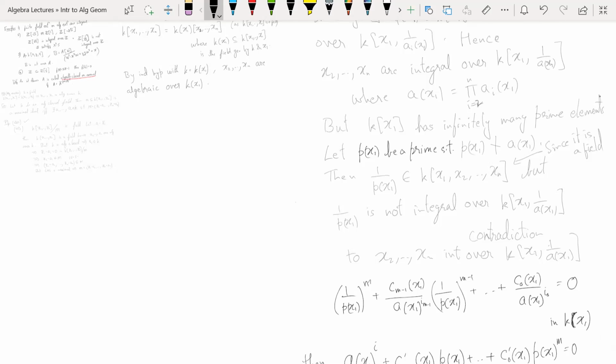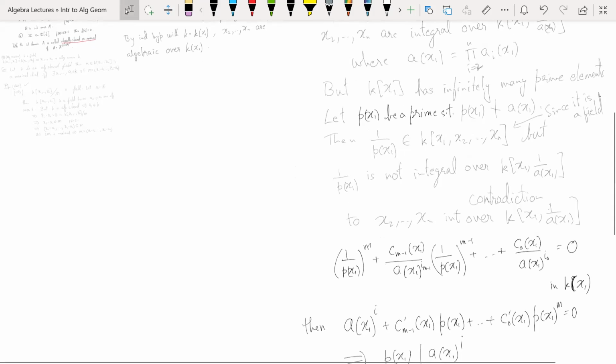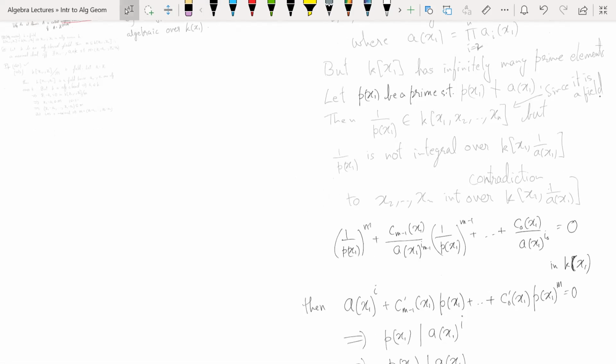Now you just multiply by the product of all the denominators. You multiply by px1 to the power m, and you also multiply by ax1 to some big number, so that it clears out the denominators, where I is, let's say, the maximum of I0 to Im.